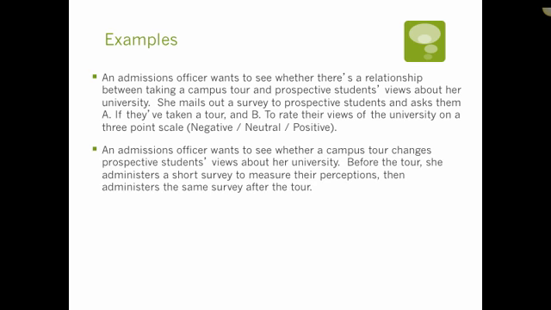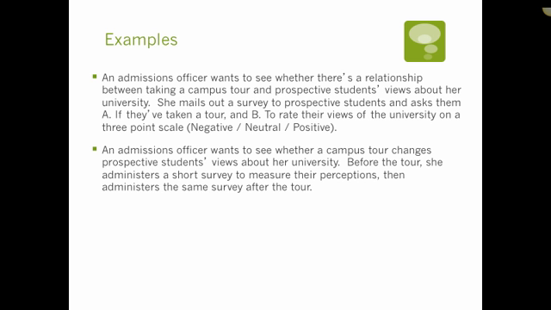What if she wants to see whether a campus tour changes prospective students' views about her university? Before the tour, she gives everybody a short survey to measure their perceptions, and then she administers the same survey to tour participants afterwards.